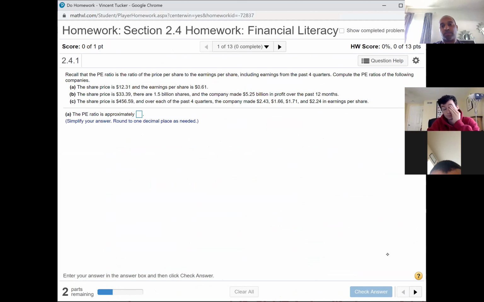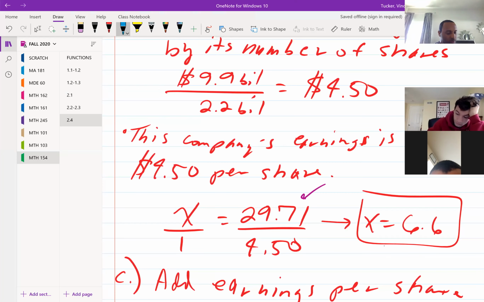So that's where that number comes from, just to let you know where that 29.7 came from. So X is equal to 29.71 divided by 4.50. That would be 6.6. Any questions?